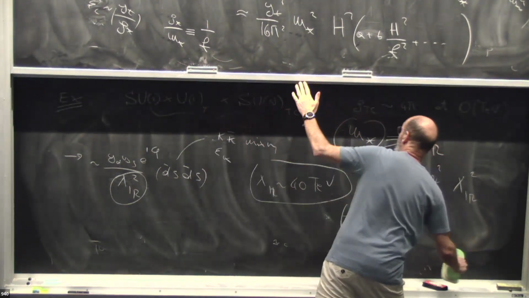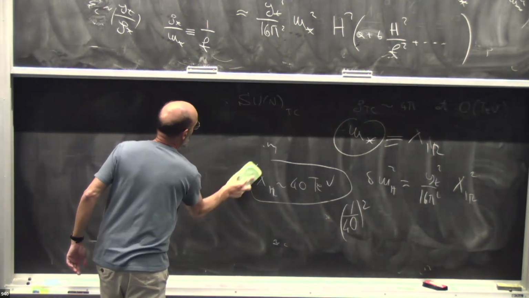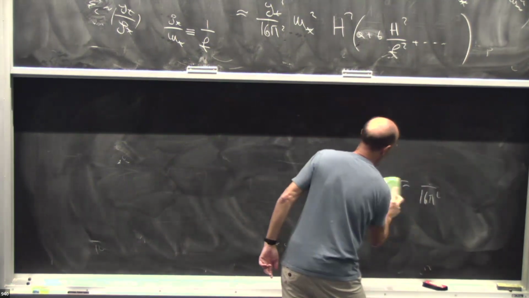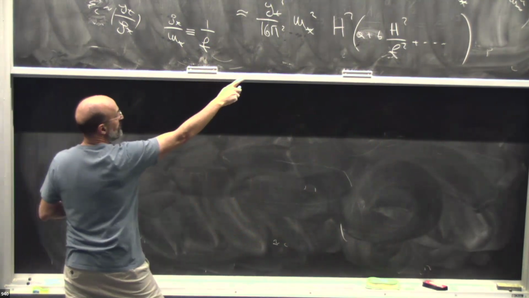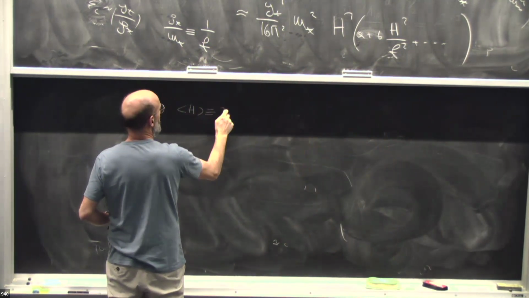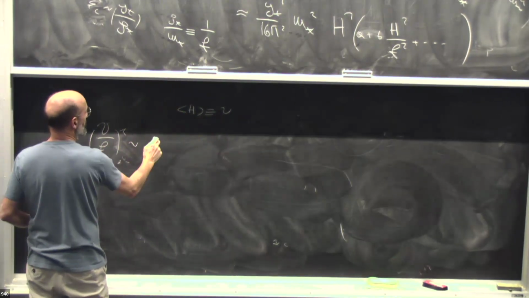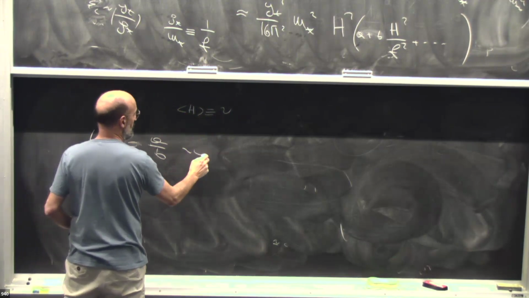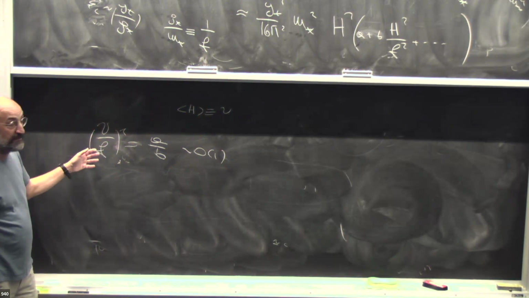It's important because when you minimize the potential, the expectation value of the Higgs, V, gives you that V over F square is equal to A over B, which is of order 1. But you could imagine a situation where A is a bit suppressed and this is smaller.